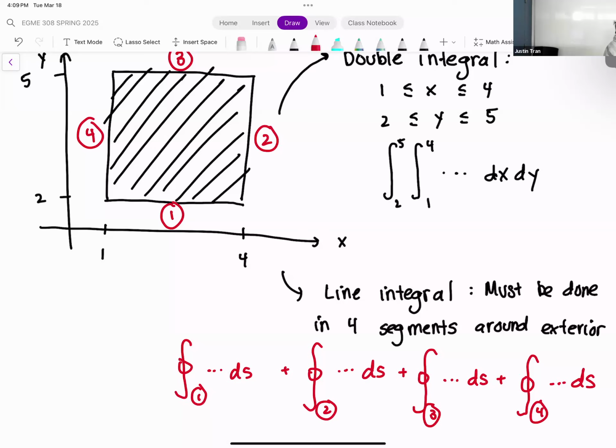Remember, what's required for a line integral is that you have a parameterized version of your curve on each of those segments. That means each of these 4 integrals has to have a separate curve parameterization.